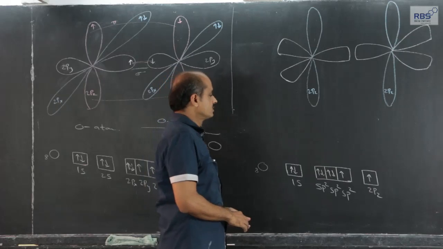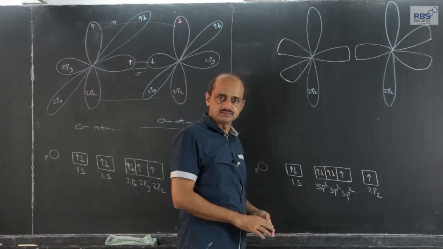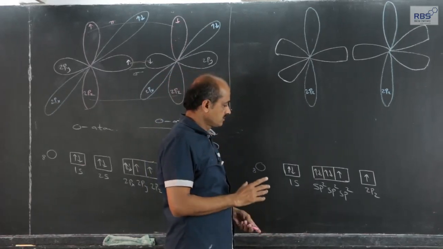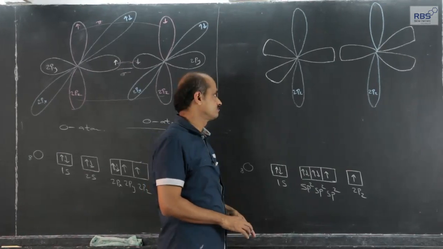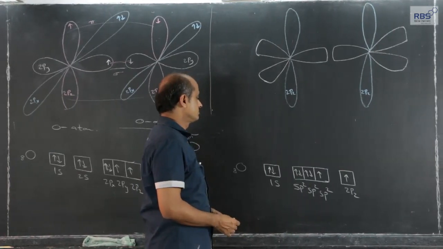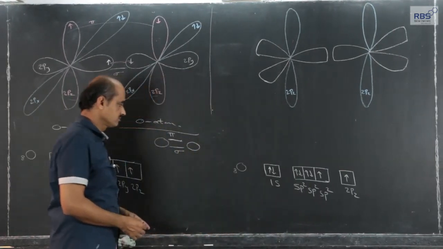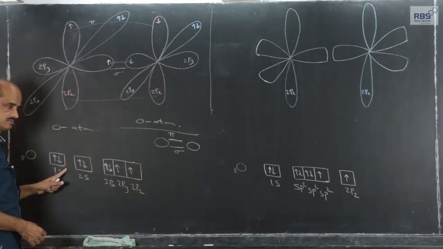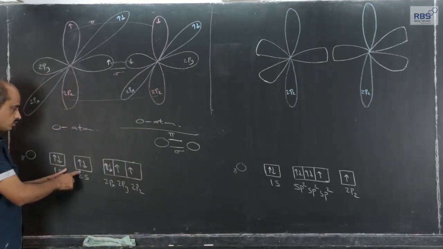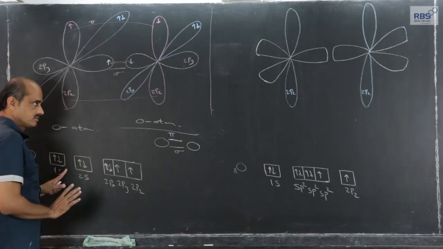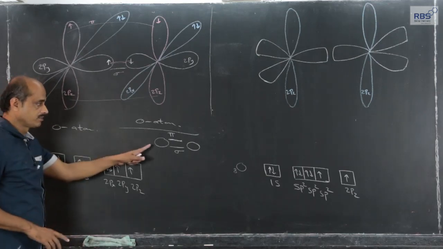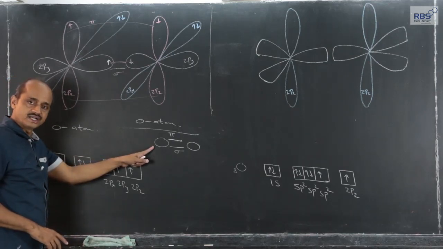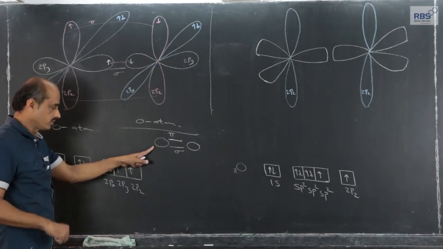Actually, in O2 molecule formation, sp2 hybridization takes place. Each oxygen atom in the ground state has 2 lone pairs and 2 unpaired electrons. Since we know that there is a double bond between 2 oxygen atoms, one will be a pi bond.